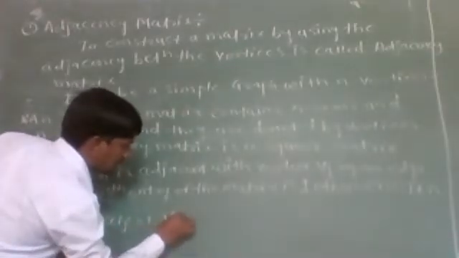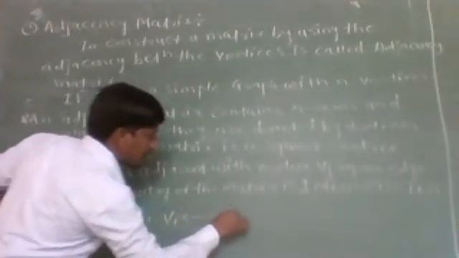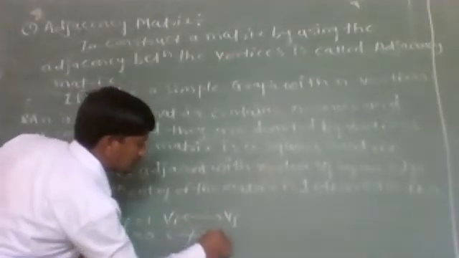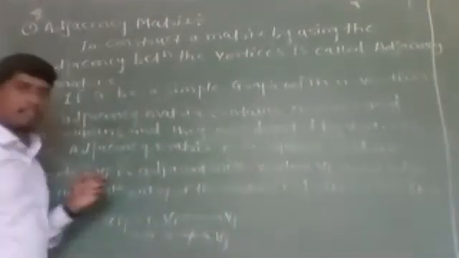That is, Aij equal to 1 if vertex Vi is adjacent with vertex Vj, and equal to 0 if vertex Vi is not adjacent with vertex Vj.